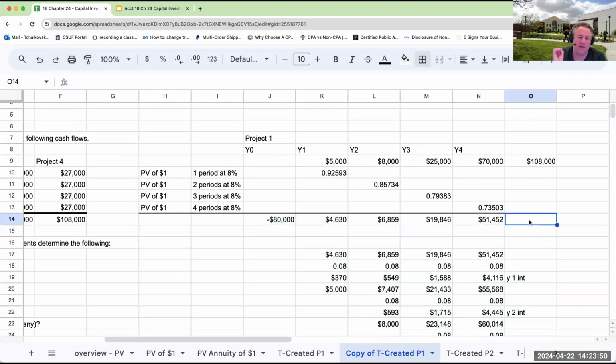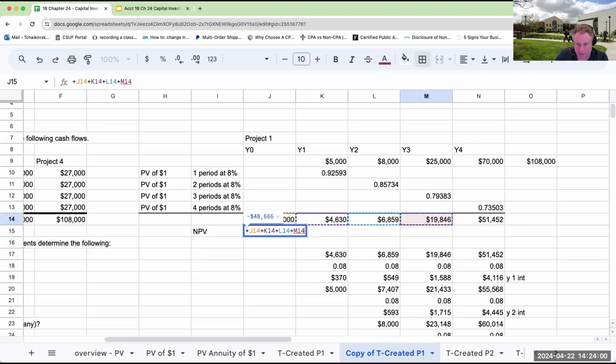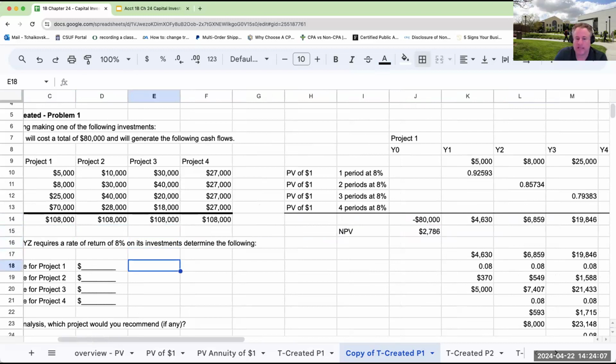So to get the net present value, my net present value is I'm going to add the initial investment, which is always going to show as a negative, plus the present value of those future cash flows. So my net present value is 2,786.